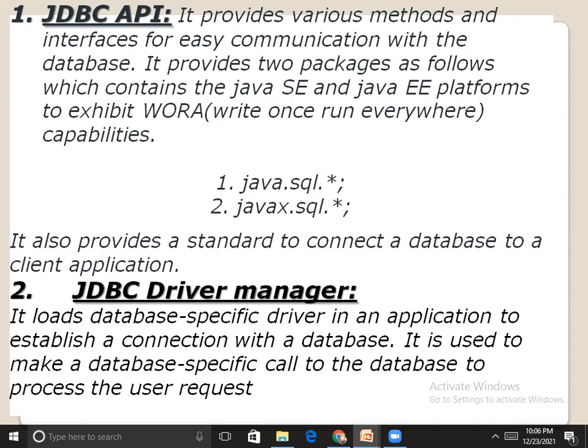It provides two packages as follows, which enable the Java SE and Java EE platforms to exhibit WORA, that is write once run anywhere capabilities: java.sql.*; and javax.sql.*; It also provides a standard to connect a database to a client application.